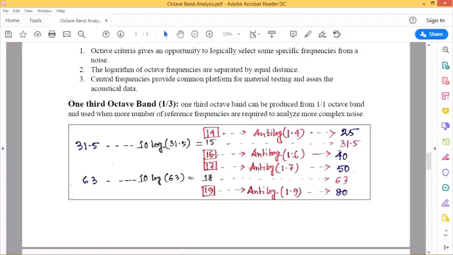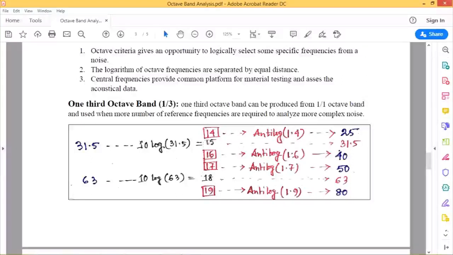Just fill in 16 and 17, and also one number previous to 15 and one number next to 18. Let us fill all the gaps from 14 to 19. 15 was standard, then you add 16 and 17, 18 was standard, then you add 19. So the series is 14, 15, 16, 17, 18, 19.